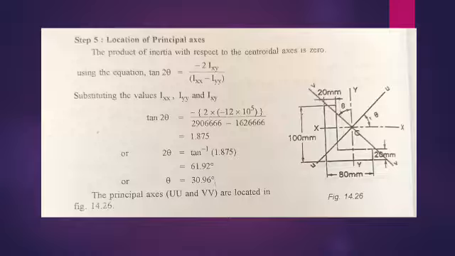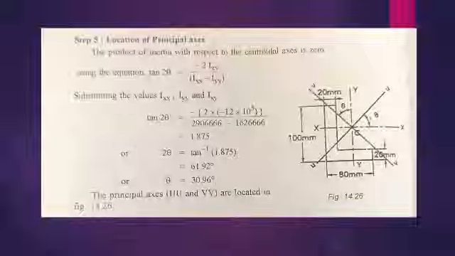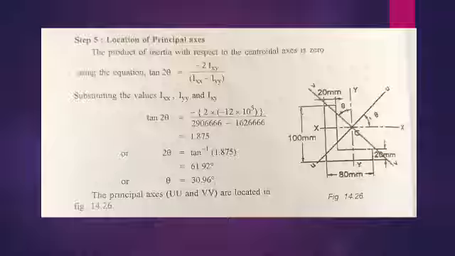We get the answer for tan 2 theta as 1.875. From that, 2 theta is equal to tan inverse 1.875. The value is 61.92. Then theta is equal to 61.92 divided by 2. The value is 30.96.